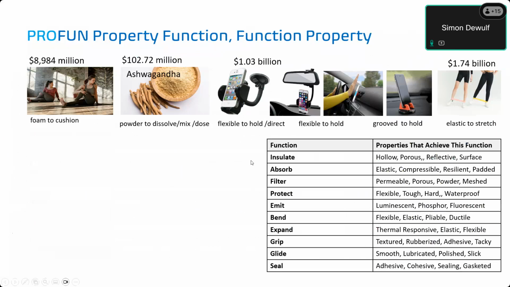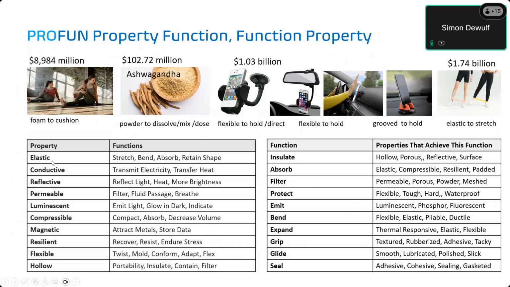So what you can see is that a property basically is connected to a function. If it's elastic, it can stretch, bend, absorb, retain shape, and so on. That's one thing that can do. But in the opposite way, you can also say, because here you're just exploring when you change a property, what kind of functions you can get. But you could do it the opposite way and say, if you know your function, then you can see which properties can achieve my function, because I can insulate with porosity, but I can also insulate with a reflective surface, for example.